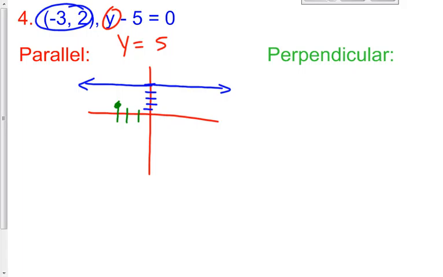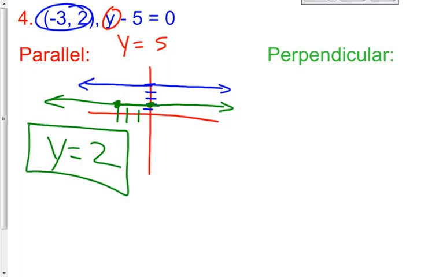Let's try this again. Better. Still not great. So that is my line. And what line is that? y equals the y coordinate, which is 2. Here is 2 right here. y equals 2 is that line. And class, that's your answer for all 3 forms. Slope-intercept, standard, point slope, it's all y equals 2.